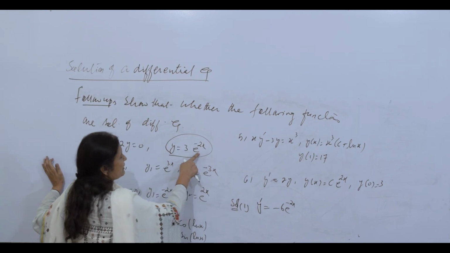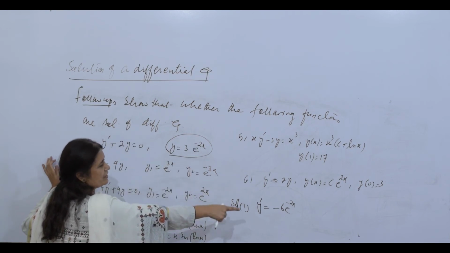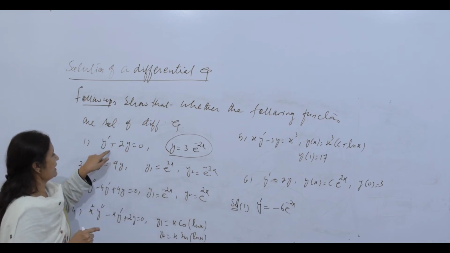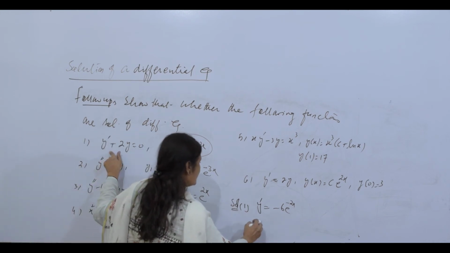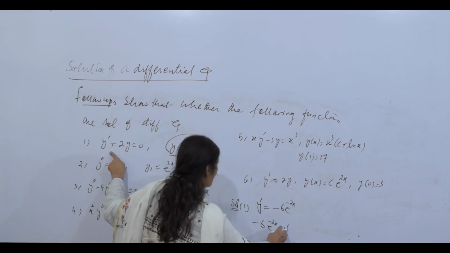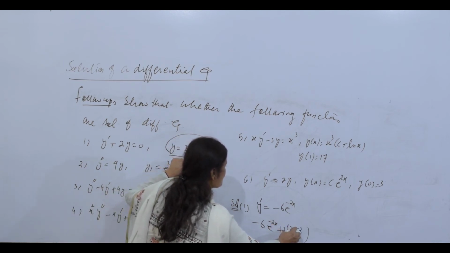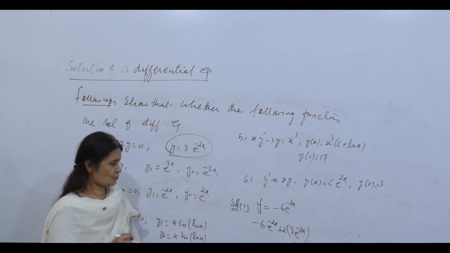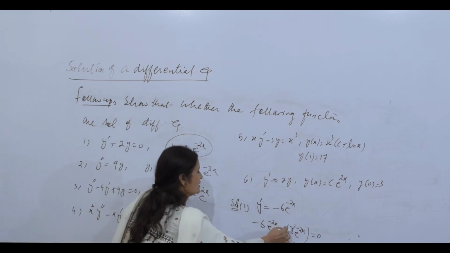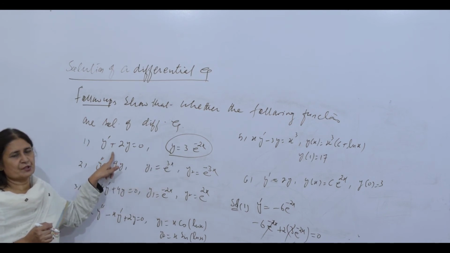I am differentiating this, 3 is constant, the derivative is e^(-2x) into minus 2. So y dash and y, putting here in this equation: y dash is minus 6e^(-2x) plus 2 times y, which is 3e^(-2x). So this is equal to 0 because they cancel. So this function is a solution of this differential equation.